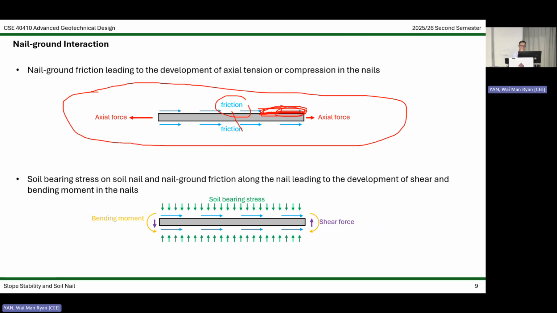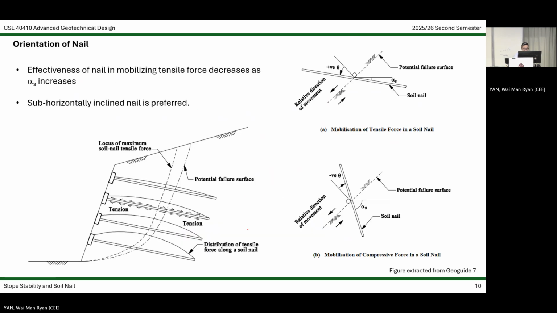This is how we make the nail very effective. We don't want to align the nail and make it bend a lot. So regarding the orientation of the nail, because we want the nails to take tensile forces but not bending forces, we have to arrange the nails in a way that, in terms of the slipping plane like that, the nail should be sub-horizontal.